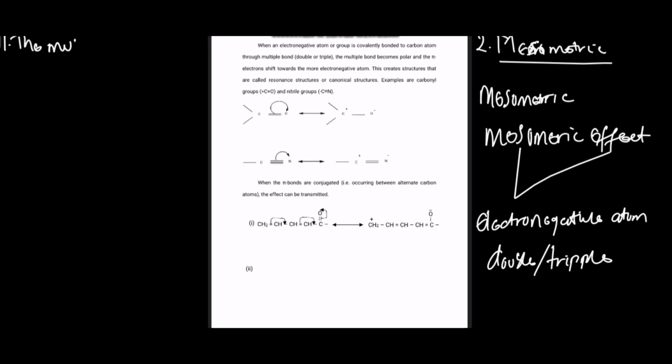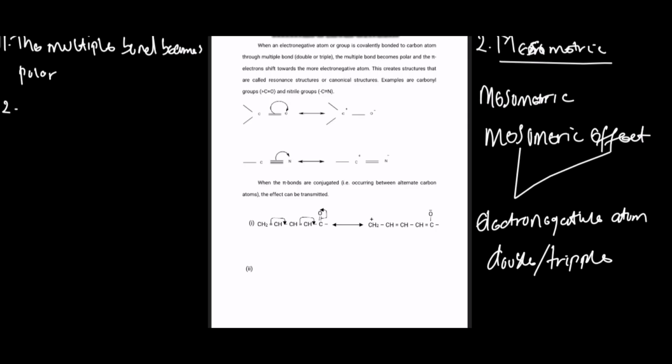Yes, after the electronegative atom is attached to carbon through a multiple bond, either double or triple bond, the multiple bond becomes polar, and the pi electrons are pulled towards the more electronegative atom.